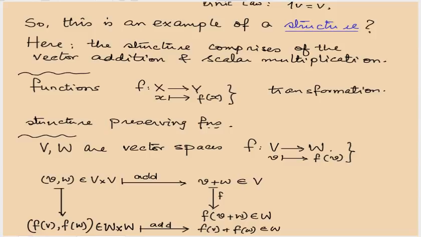Well, obviously, a very natural thing to expect is that f preserves the addition if these two were the same. So that means whether I take a pair of vectors, add first in V and then transform by f, or first transform each of the vectors by f to the vectors f(v), f(w) in W, and then add in W, it doesn't make any difference.